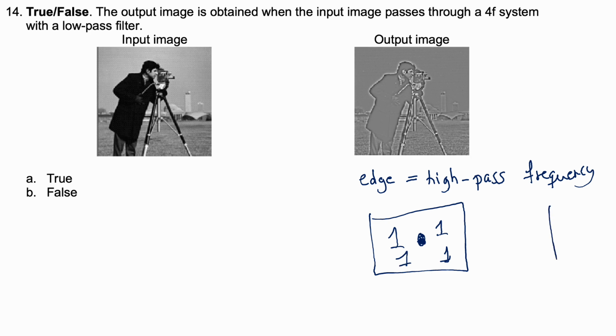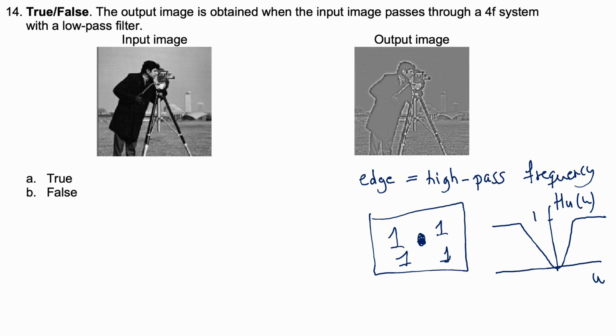Or if we want to see this kind of like in 1D, that means that we have maximum, then we cannot block, and then we have maximum again. So we are kind of eliminating the low pass frequency. So they are saying the output image is obtained when the input image passes through a system with low pass filter.